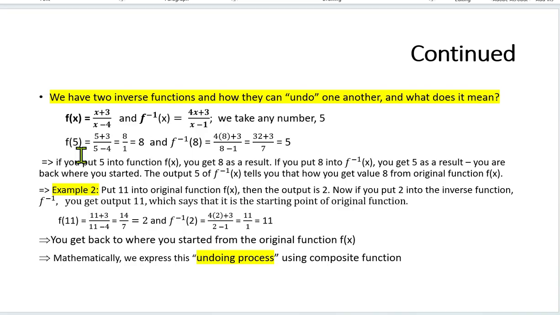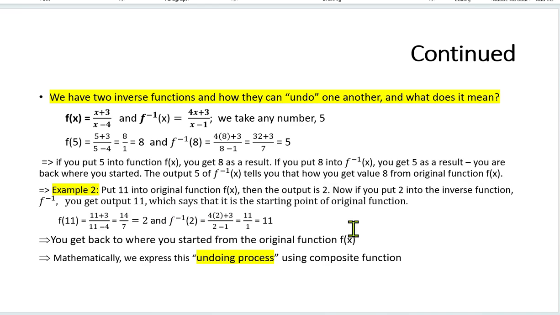So this is what it means for inverse functions to undo each other. Again, if you put 5 into the function f(x), you get 8 as a result. And if you put 8 into the inverse function, you get 5 as a result. So you are back where you started. The output 5 of the inverse function tells you how you get the value 8 from the original function f(x).